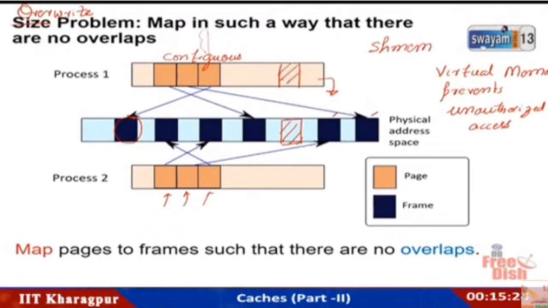We can map one virtual page of one process and another virtual page of another process to the same physical frame. So if a process writes to any byte over here, this will reflect over here, which is going to also reflect over here. So they become the same. This is an example where we deliberately create an overlap to create a shared memory communication channel.